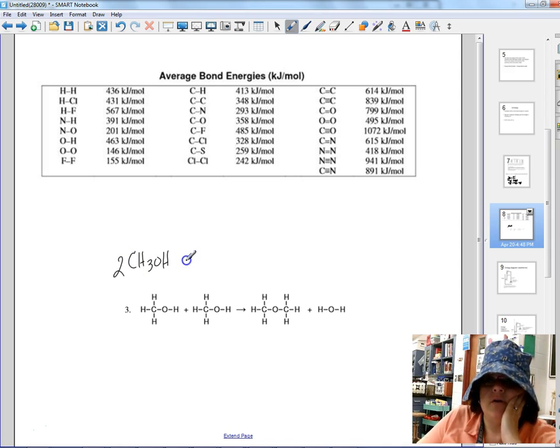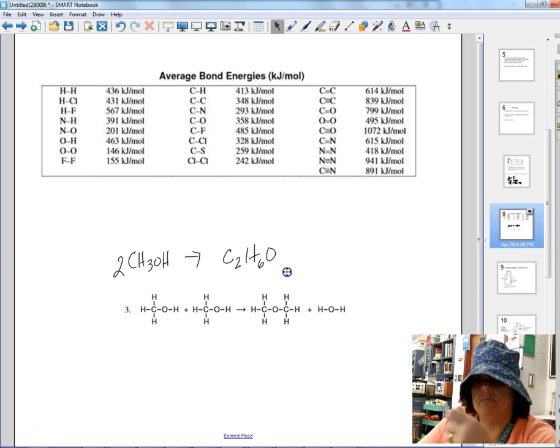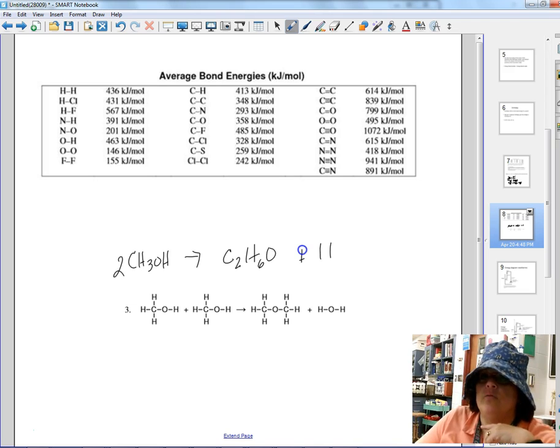Two methanols will rearrange into C2H6O, which is not decomposed. That's going to be an ester of some kind, and I'm not going to try and name it because I'll say it wrong, plus a water.